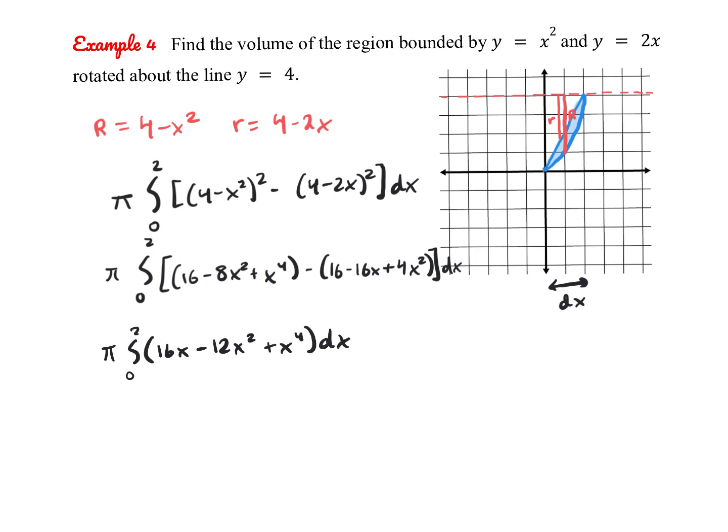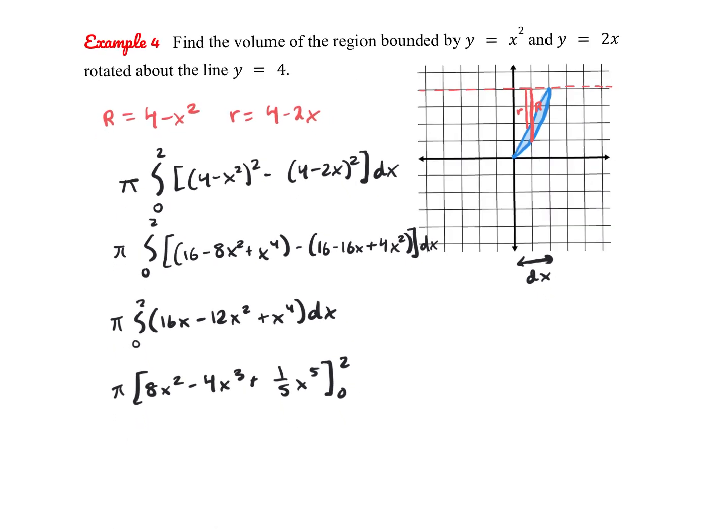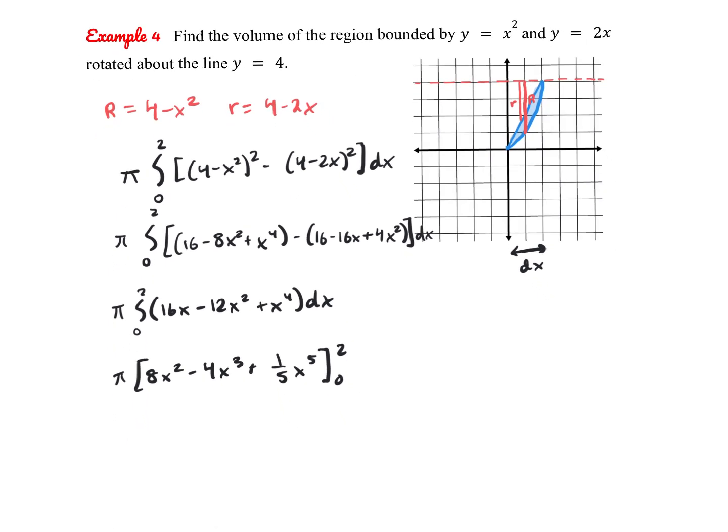Now we're actually ready to integrate. So 8x squared minus 4x cubed plus 1/5 x to the 5th from 0 to 2. We're almost done. 32 minus 32 plus 32 fifths. So 32 pi over 5 units cubed.